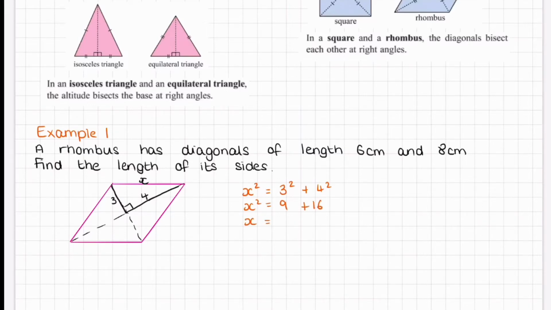So x squared will equal 25, and x will equal 5. And then just write a sentence. So the length of the sides in the rhombus are 5 centimeters.